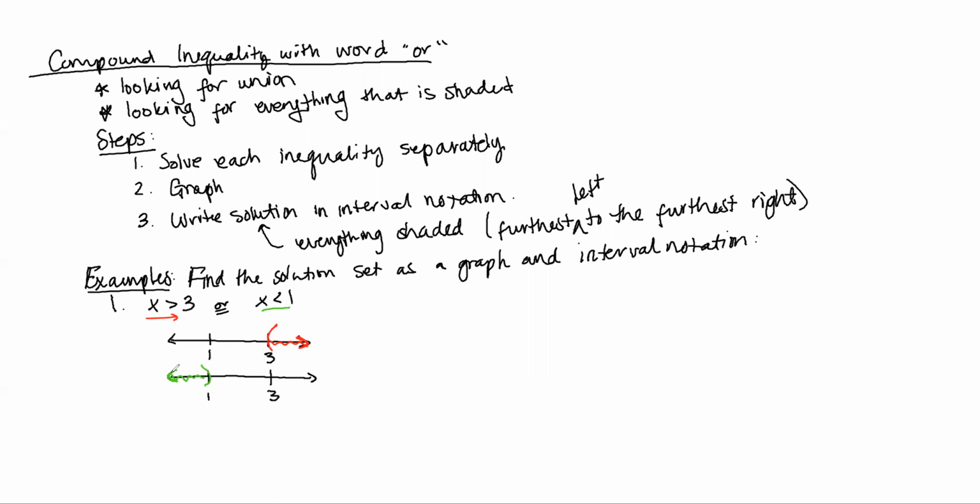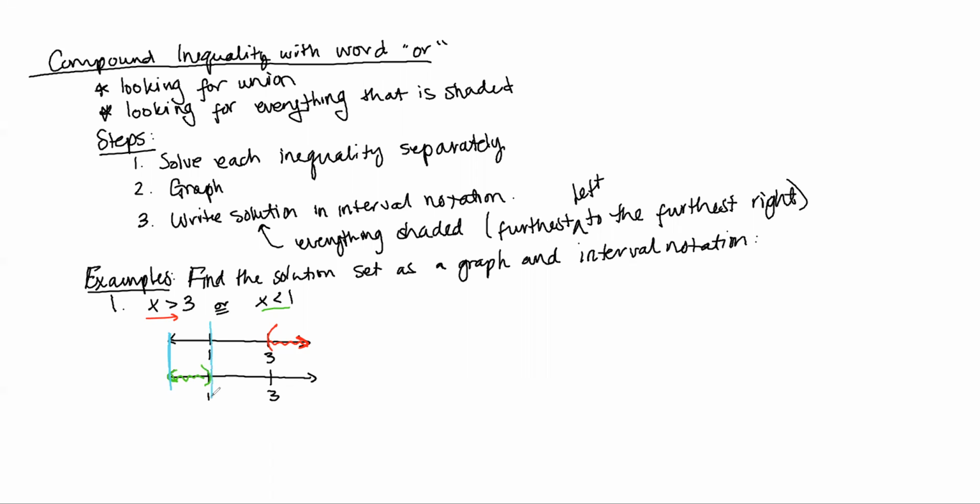Now, because we're looking for the union, we want everything that's on the graph from the furthest left, so that's going to be all the way over here, and to the furthest right. Now you do have to be careful with this one to see how there's kind of a break in between 1 and 3. There's nothing that's shaded here.